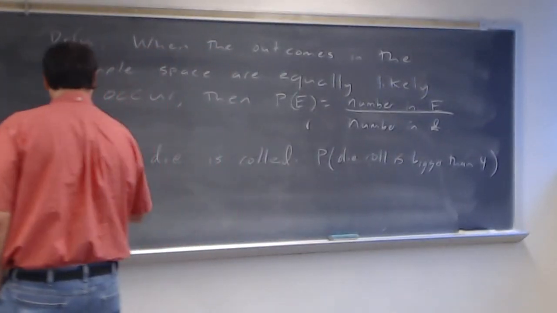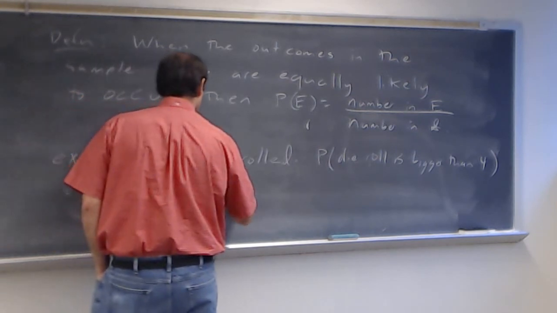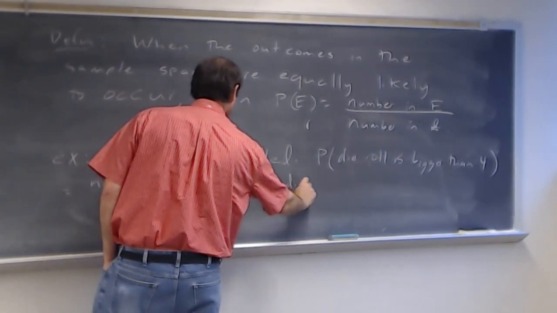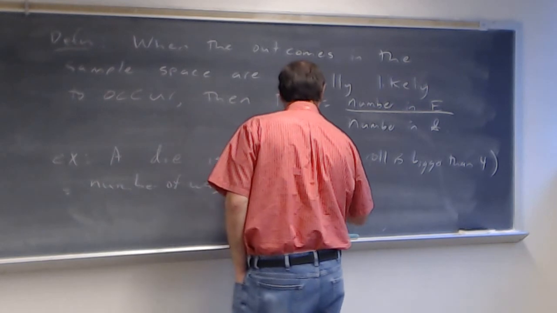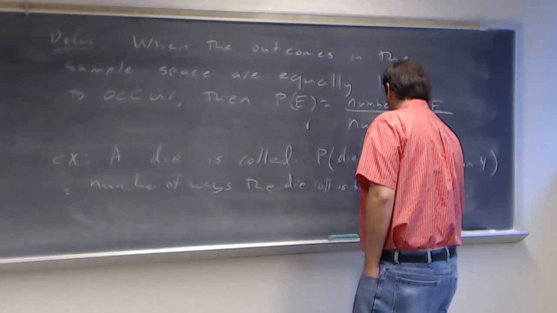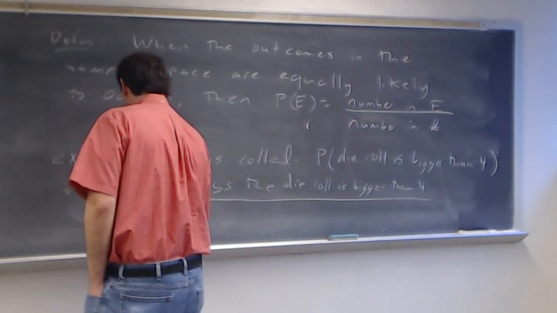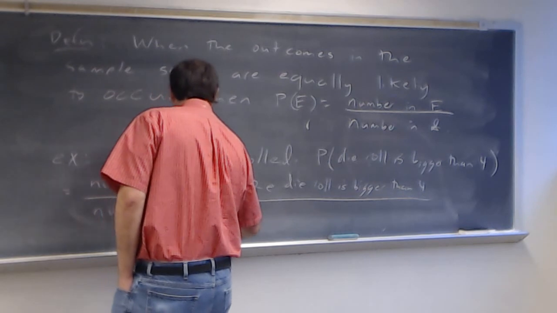So this is equal to the number of ways the die roll is bigger than 4 over the number in the sample space.